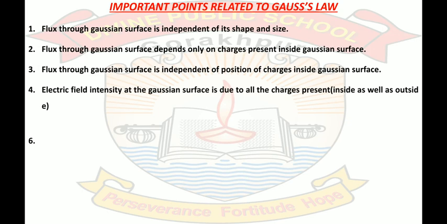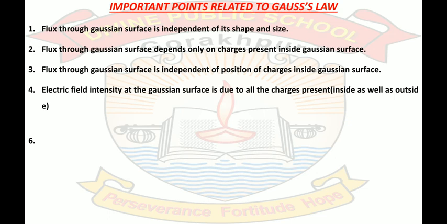Fourth point is, the electric field intensity at the Gaussian surface is due to all charges present. This point is different from point number 3. Point number 3 says that electric flux depends on the charge enclosed only, whereas this point tells us that electric field intensity at the Gaussian surface is due to all charges, whether inside or outside.